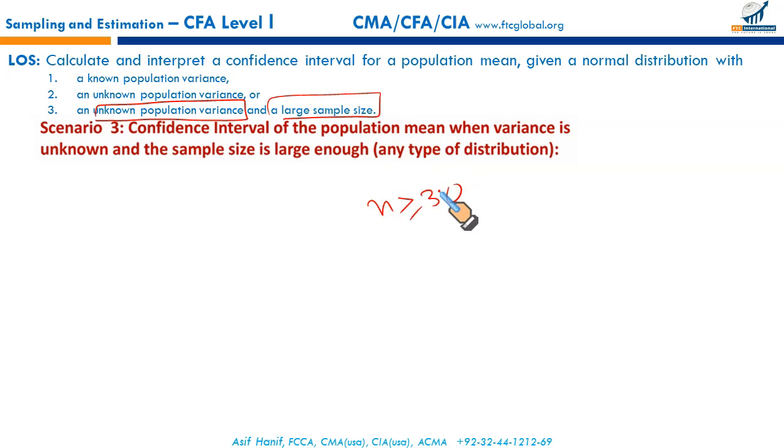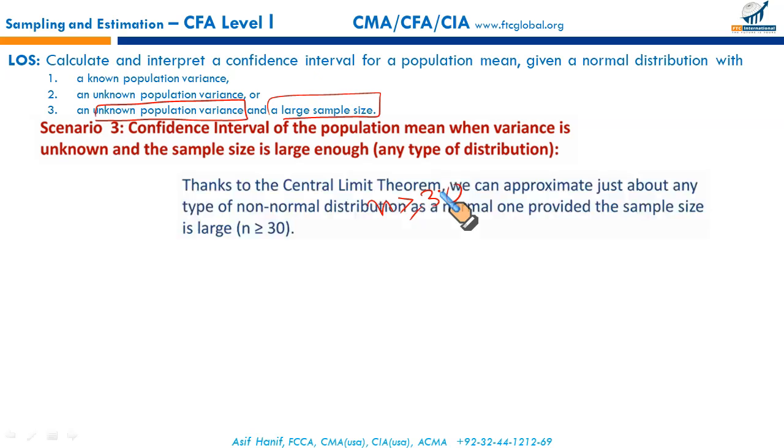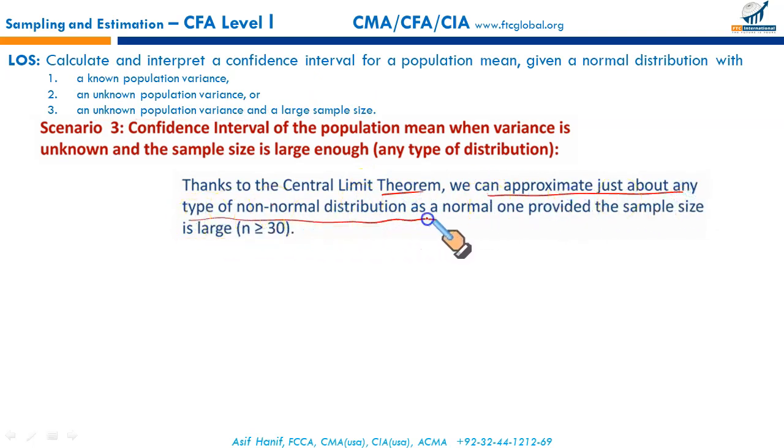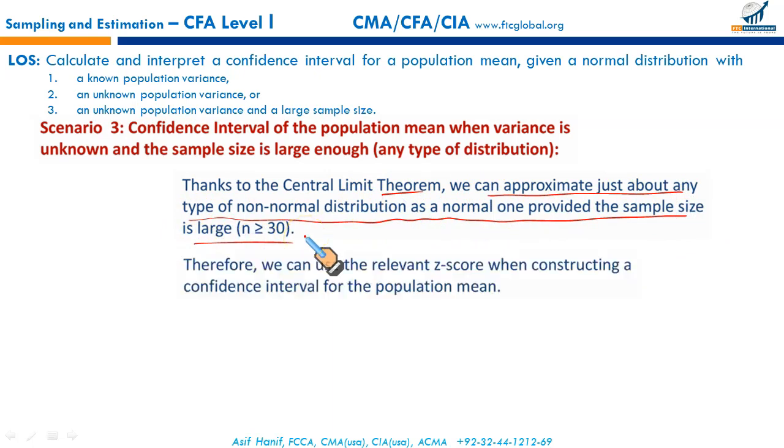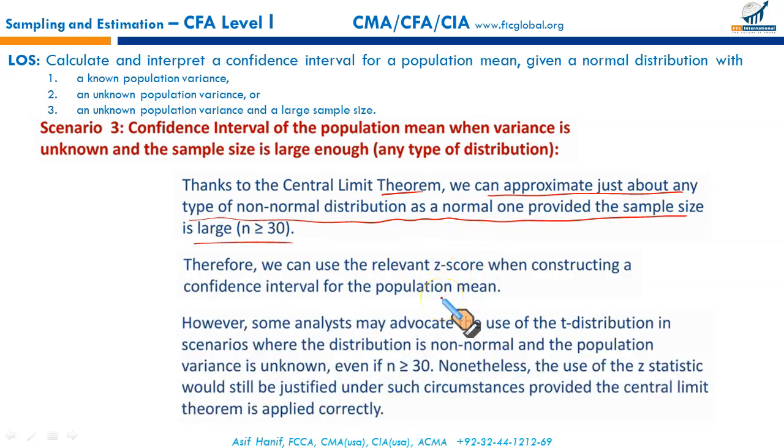And we can use the normal distribution to calculate our results. Thanks to the central limit theorem, we can approximate about any type of non-normal distribution if our sample size is at least 30 or above. So in this case, we will again use the z-score. You will be given questions, but you will have to interpret which of the situations the question falls in and solve it accordingly.